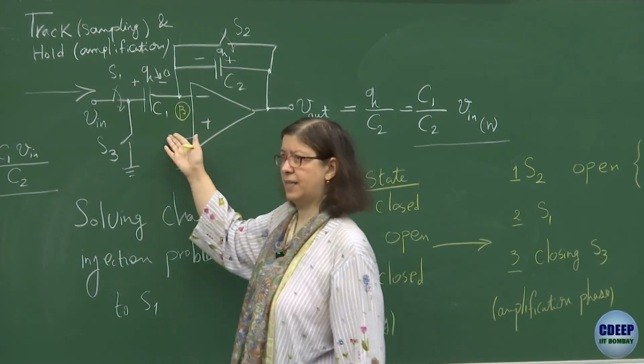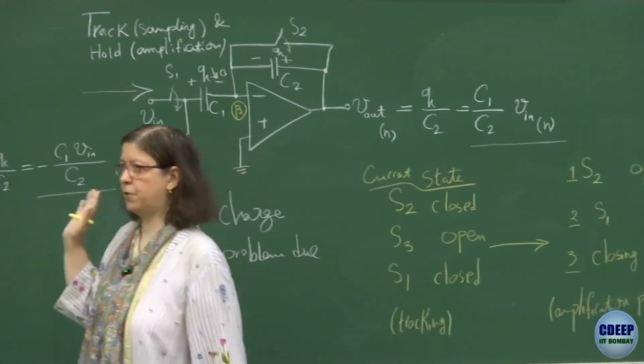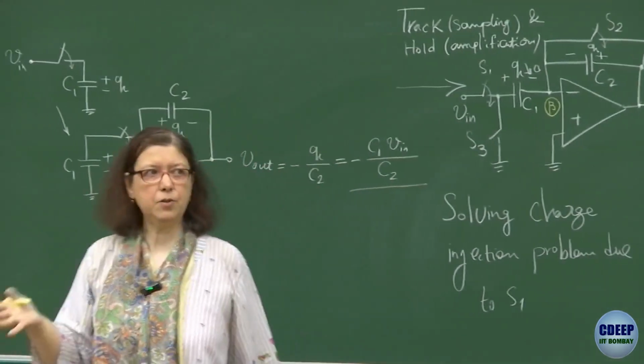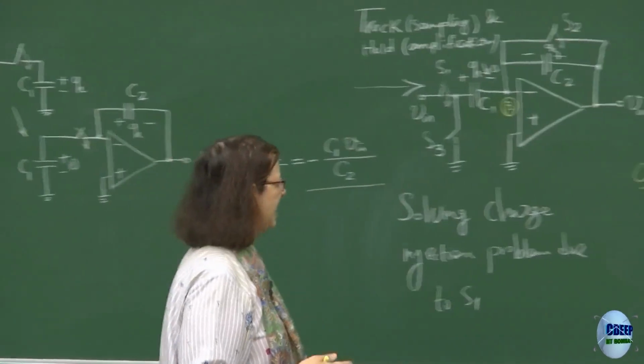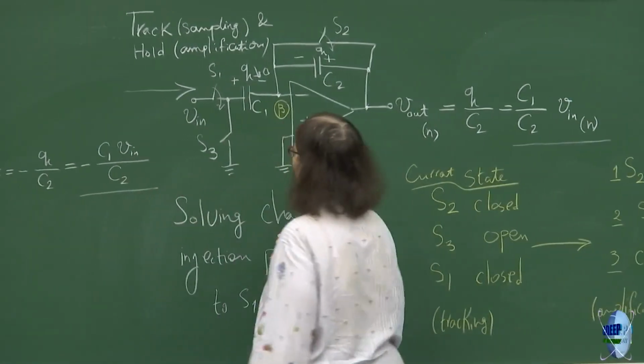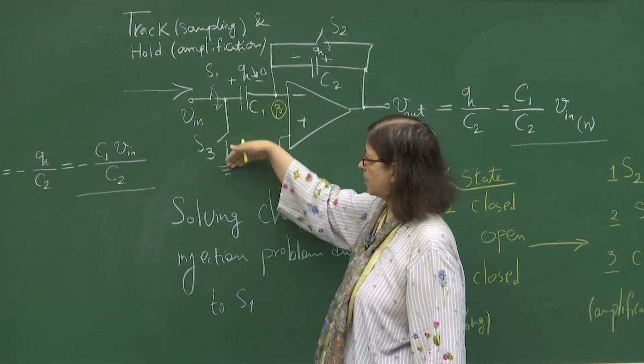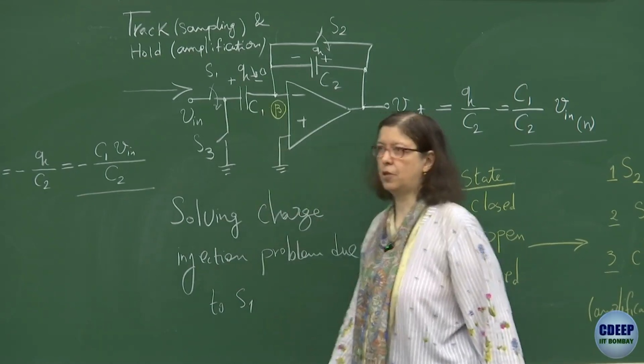And exactly this analysis, in a generic manner, I have done before to show how the charge injection problem is solved. Eventually, the charge is injected, but as soon as you connect to ground, the charge will be discharged again.